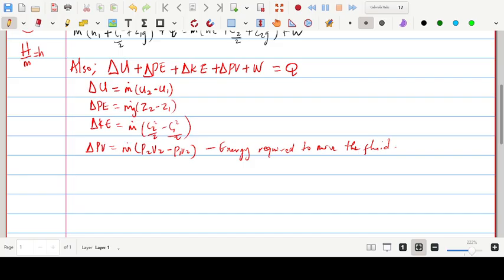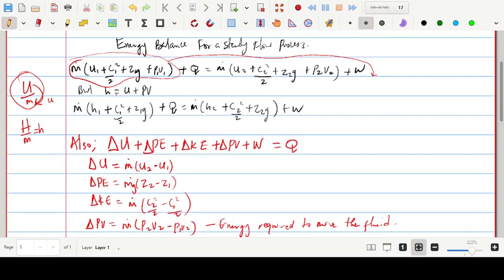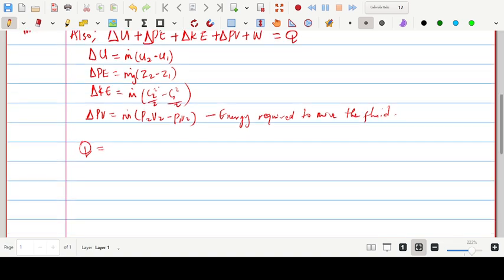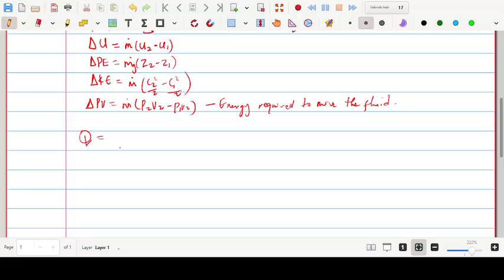So here, this change in U and this, I can rewrite it as Q. This is change in U, and we have established this formula here that H is equal to U plus PV. So here now we can have the formula written as Q.